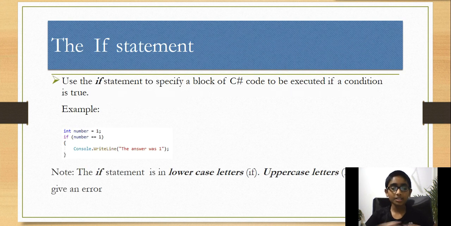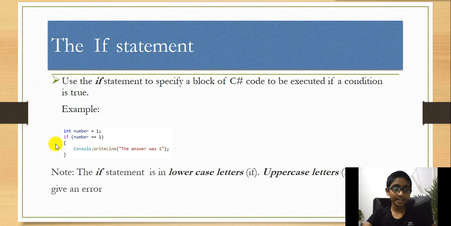Okay, now let's start talking about the if statement. Basically, we use the if statement to specify a block of C# code to be executed if the condition is true. For example, here I'm declaring an integer number and assigning that the value of 1. After that, I'm using an if statement to check if the value of number is 1.